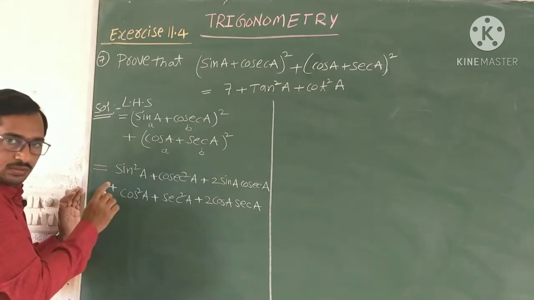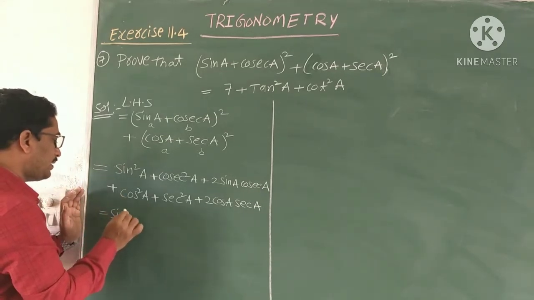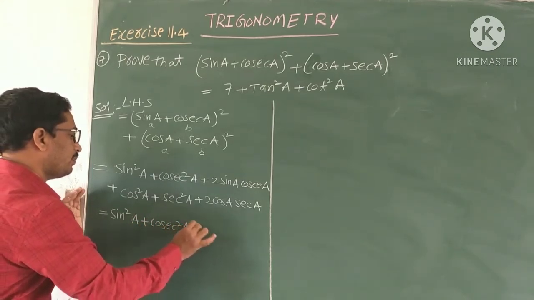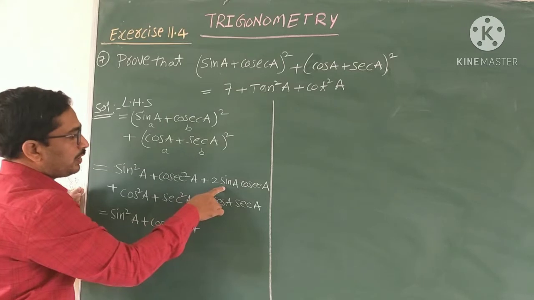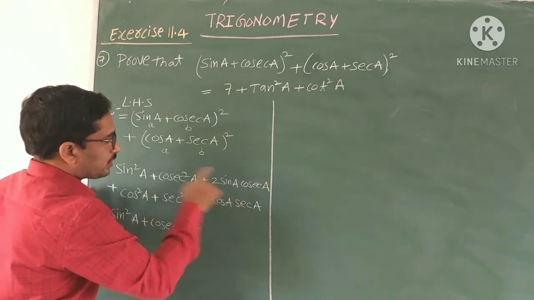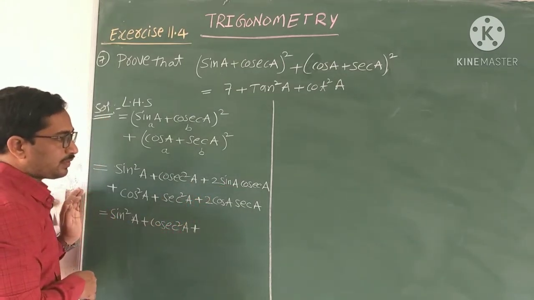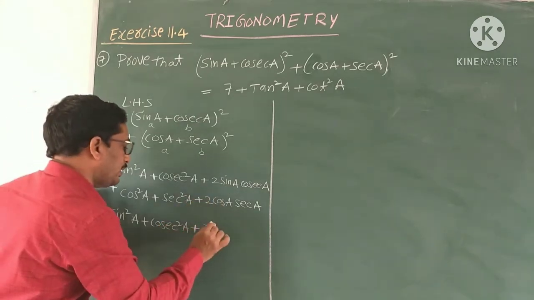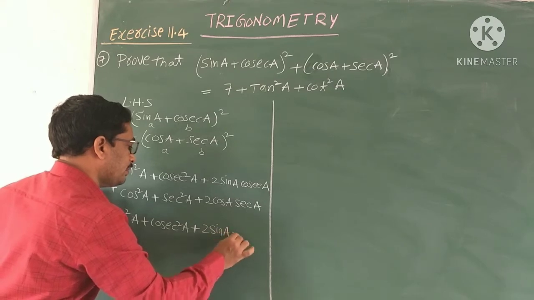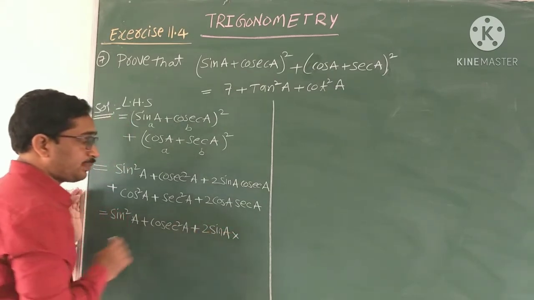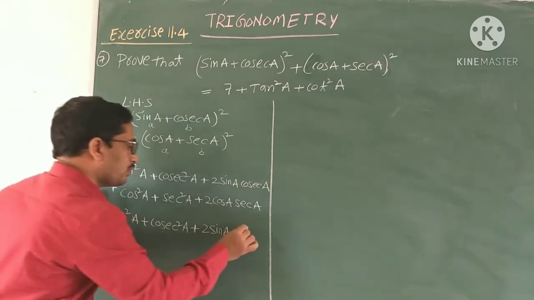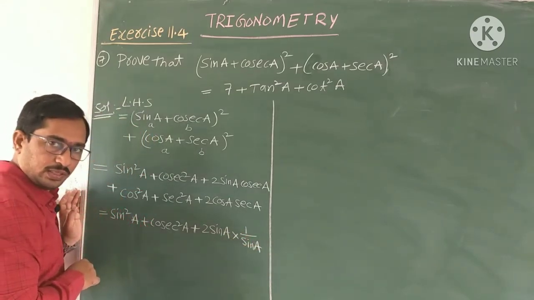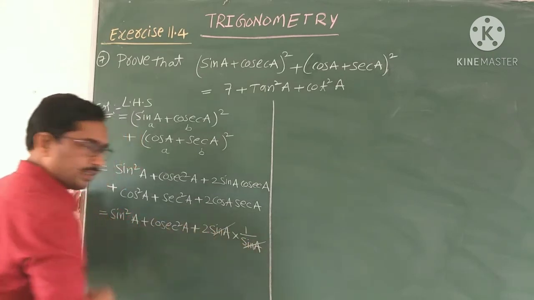Next, first sin square A as it is, plus cosec square A as it is, plus 2 into sin A cosec A. So what is the value of sin A into cosec A? Express cosec in terms of sin: cosec A equals 1 by sin A. Sin A, sin A cancel.